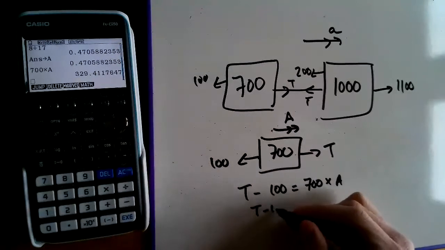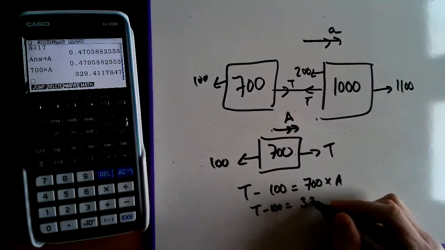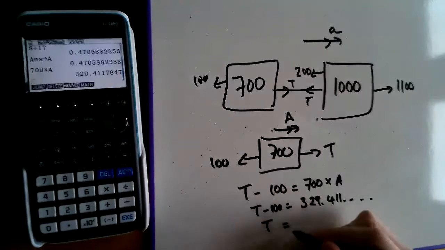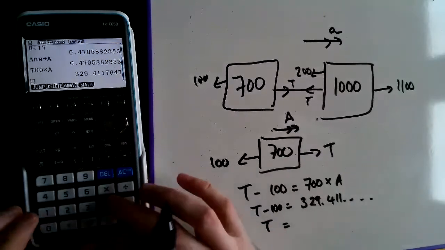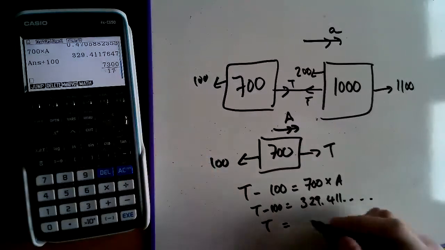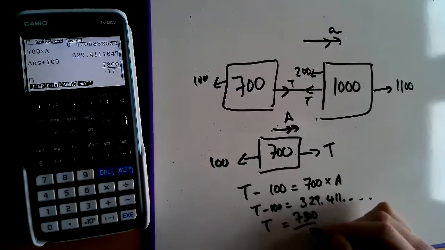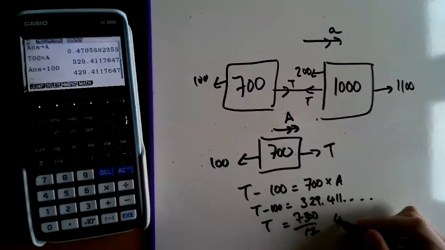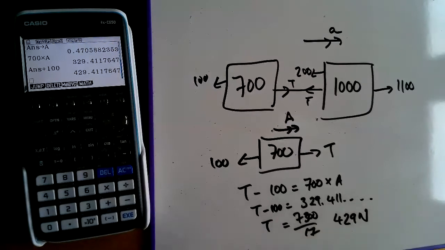So T minus 100 is 392.411, blah, blah. So add 100, and we should get, as a fraction, 7300 over 17. Or since it's mechanics, we like 3 significant figures, so 429 newtons to 3 significant figures.